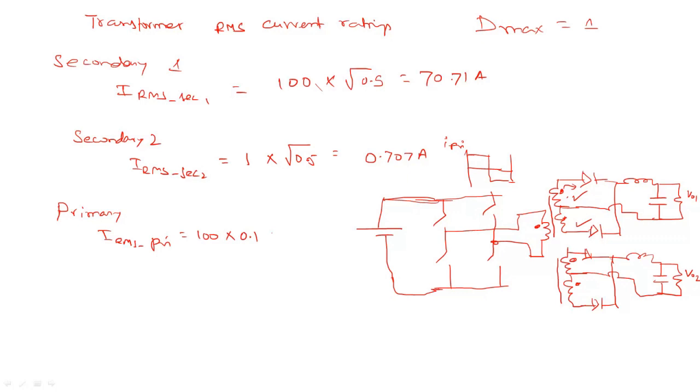So that would be this secondary current here, which was 1 ampere maximum, but the turns ratio is 4. So that's 10 plus 4, 14 amperes. That is the RMS current in the primary.